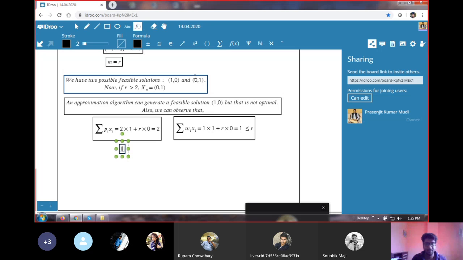In that case, the profit is equal to r. Let's say the exact profit solution is equal to r, and the generated profit solution is 2.